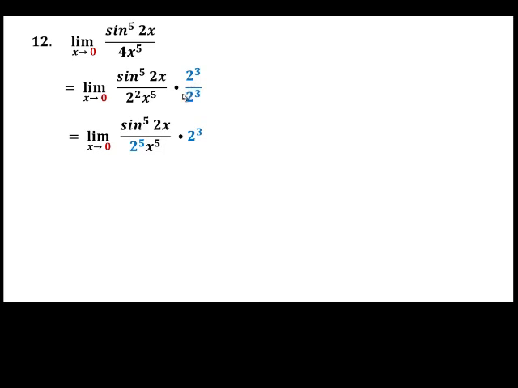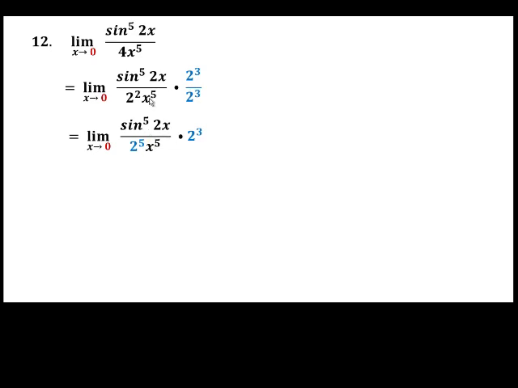So we multiply it with 2 cubed, so that 4 is 2 squared. We have to multiply the denominator with 2 cubed and also with the numerator, so that we can have 2 to the fifth, because the exponent of sine here is 5. All exponent must be equal to 5.